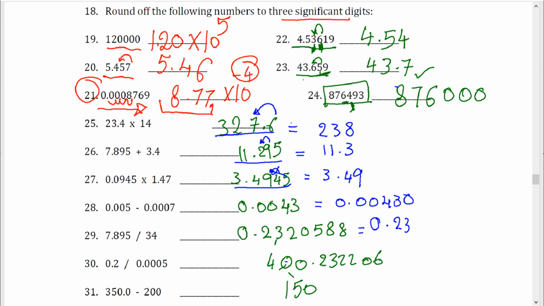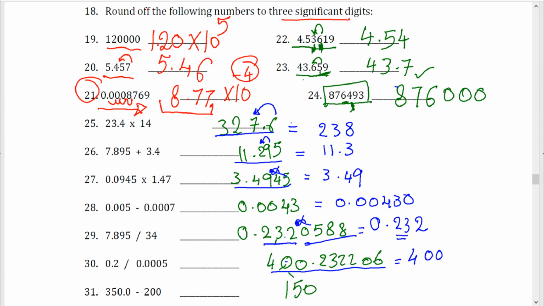This number, I need 3 significant figures. So I'm going to copy the first 2 and look for the fourth one. Is it going to add 1 here? No. So just ignore all those numbers and write 2. Here, 4, 0, 0.